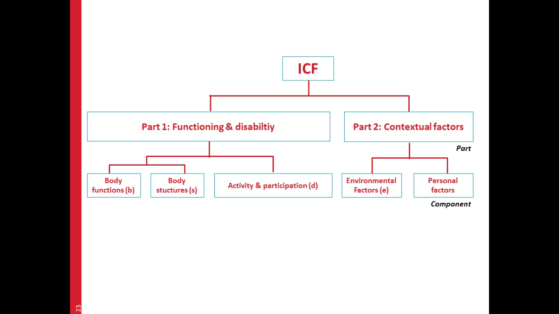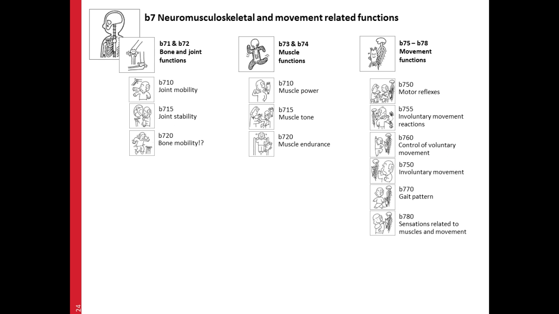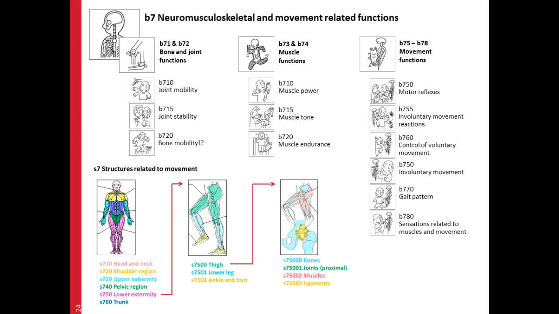When we look at the classification system rather than the model, we see that gait analysis, working at the levels of body structure and function, is allowing us to explore the interrelationships between those structures and functions. Looking at the relative functions and adding in the relative structures, we see that the classification system helps us to identify all the possible contributors to the gait pattern.